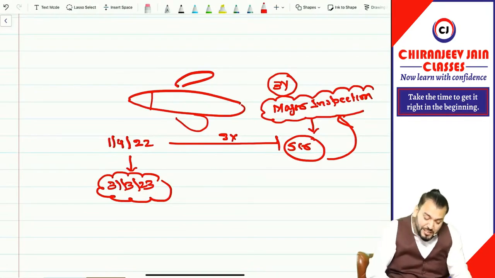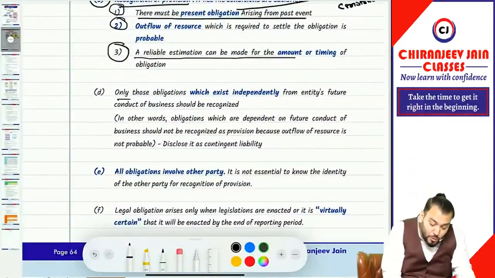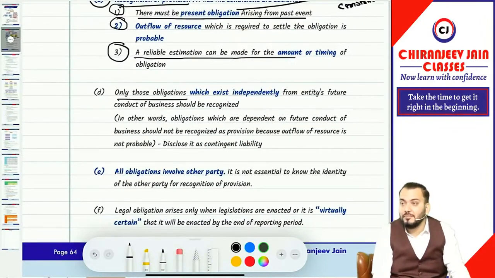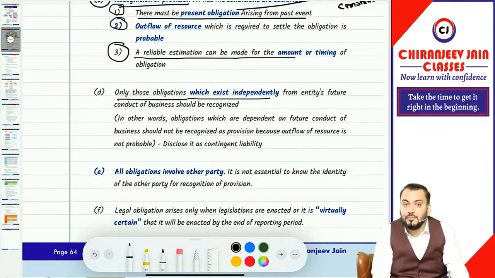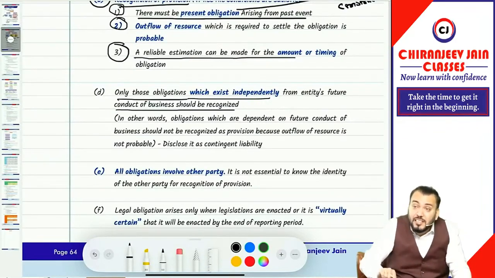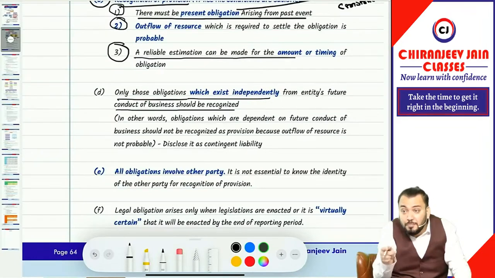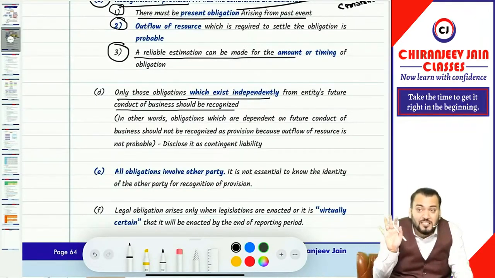So what does Ind AS 37 say, everyone? Only those obligations which exist independently of the entity's future conduct of business should be recognized. Means any obligation which is dependent on future conduct of business should not be recognized as a provision.